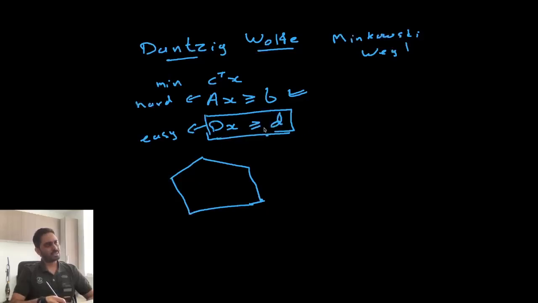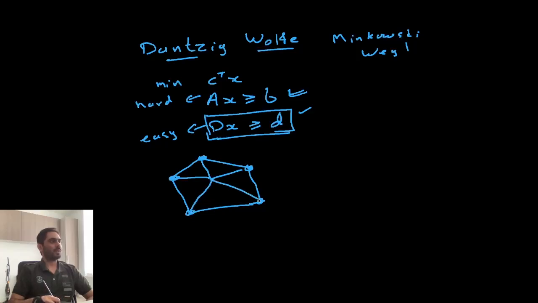These two people say that I can represent this polyhedron in another nice way, which takes into account its extreme points. These are my extreme points of this polyhedron, say 5 points, and I can represent any point inside this polyhedron as a convex combination of these 5 points.